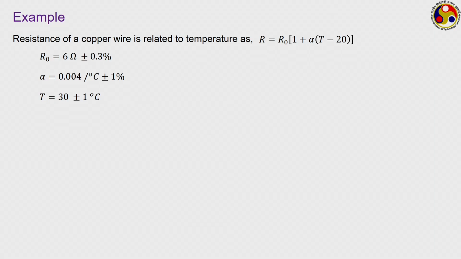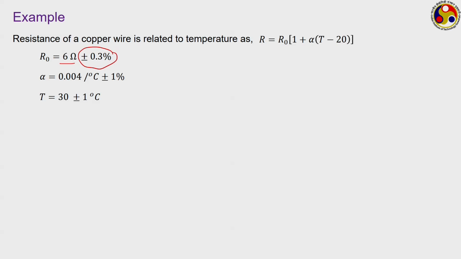So, we have the resistance of a copper wire related to temperature given by this relation, where R equals R naught into 1 plus alpha into (T minus 20). 20 is the reference temperature, and here all the values are given. Just take a look at the values given here. R naught, the resistance, is given as 6 ohm plus minus this quantity. This refers to the uncertainty present in the value of R naught.